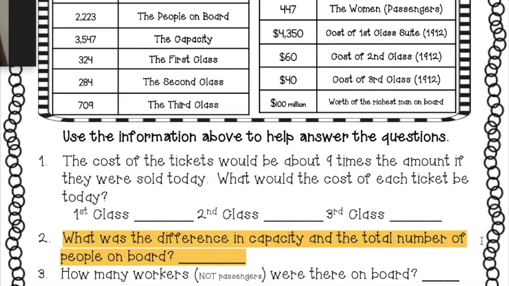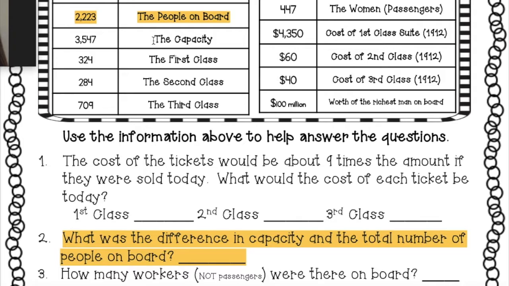Moving on to number 2. Number 2 says, what was the difference in capacity and the total number of people on board? Now, fifth grade, I want you to remember when we're finding the difference, that means that we're subtracting 2 numbers. So let's go look at our data in the chart and then we'll figure this problem out. So we're looking for capacity and total number of people on board. So right here, I see the people on board. So we have 2,223. That's how many people were on the ship.